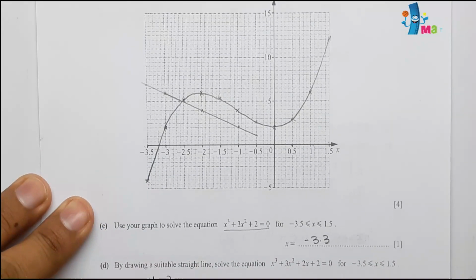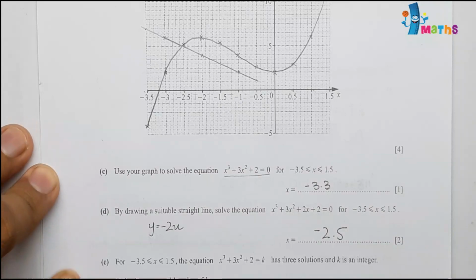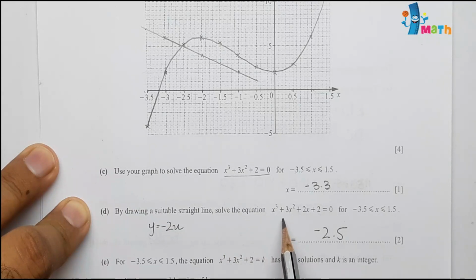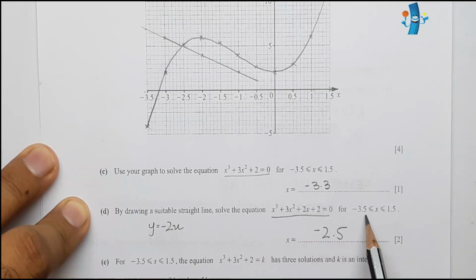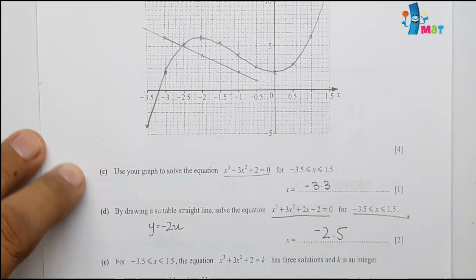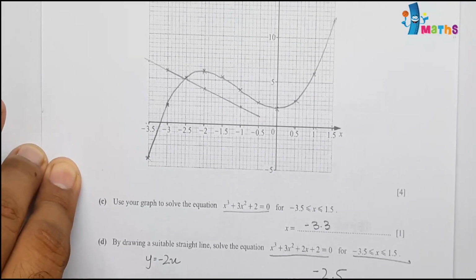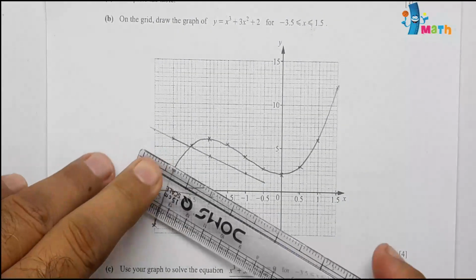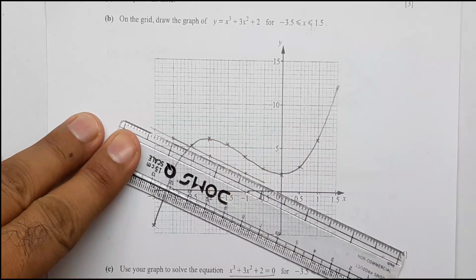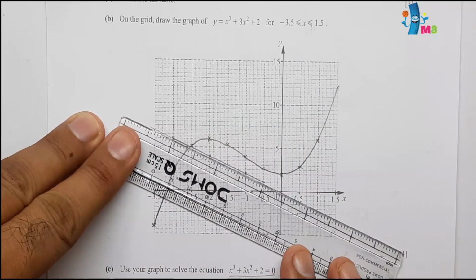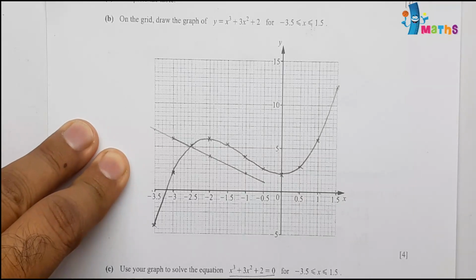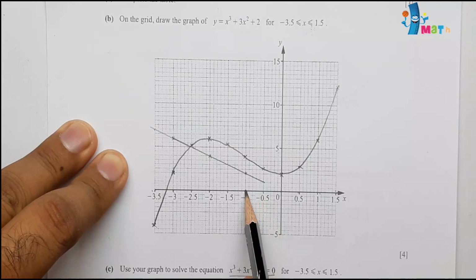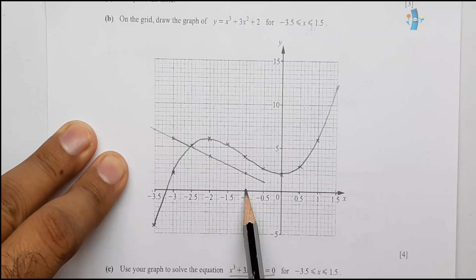Then D part is saying by drawing a suitable straight line, solve the equation, this one, for this range. So if we draw a suitable line, y is equal to minus 2x is the line. For example, see this one, I have plotted the line for you, and this line is basically, if we take x is equal to minus 1, we will be getting y is equal to 2.